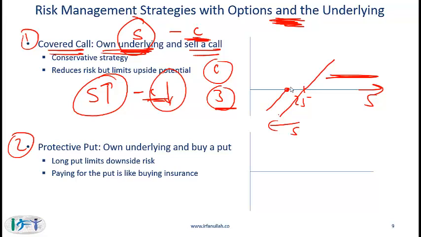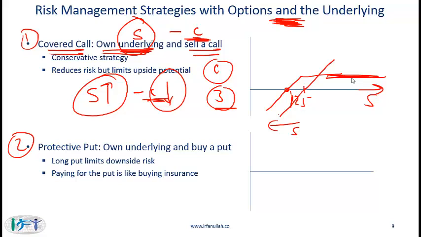So with a covered call, our losses are less compared to just holding a stock, and that is a good thing. But that reduction of loss comes at a cost. The cost is that we lose the upside potential.